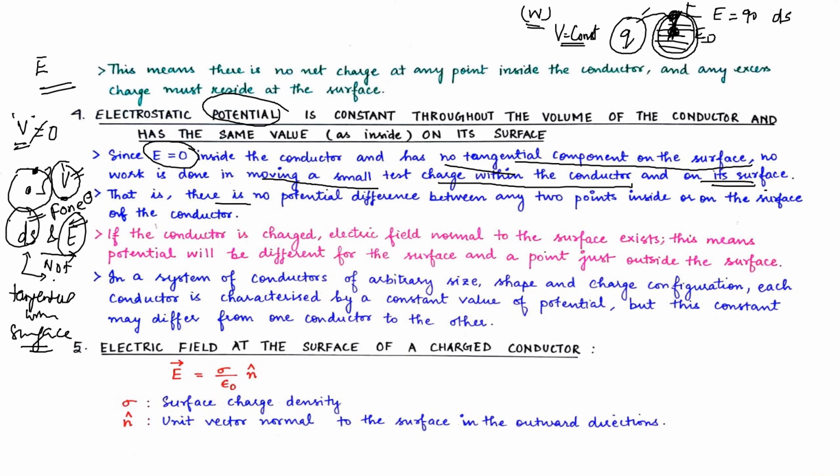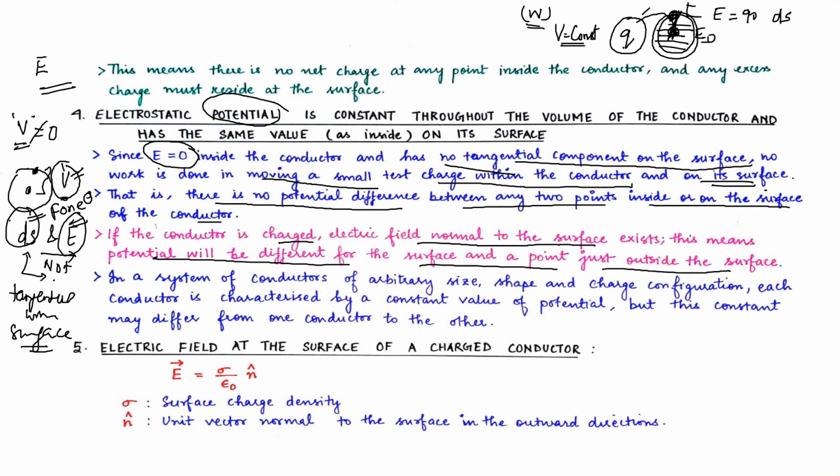That is, there is no potential difference between two points inside or on the surface of the conductor. If the conductor is charged, an electric field normal to the surface exists. This means potential will be different for the surface and a point just outside the surface. Here we talked about inside and surface.